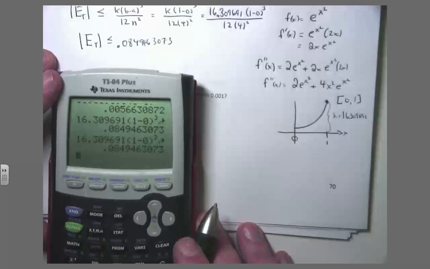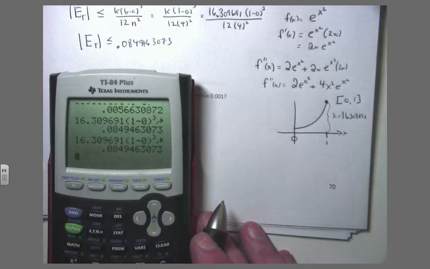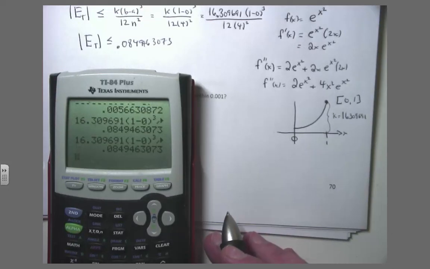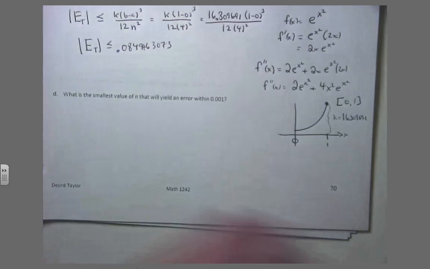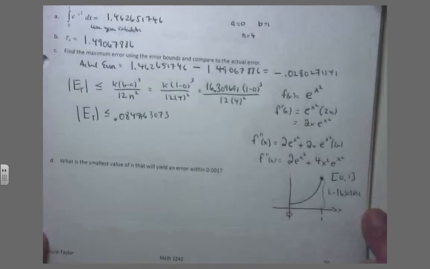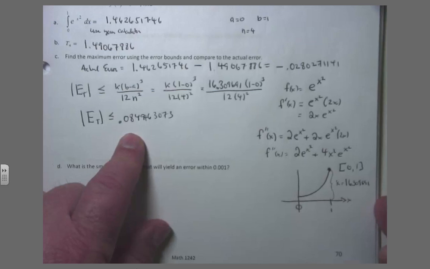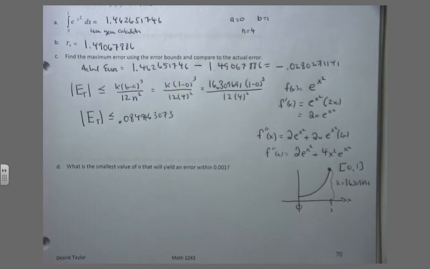Does that make sense? Now here's my question for you. That is my error bound for the trapezoidal rule.